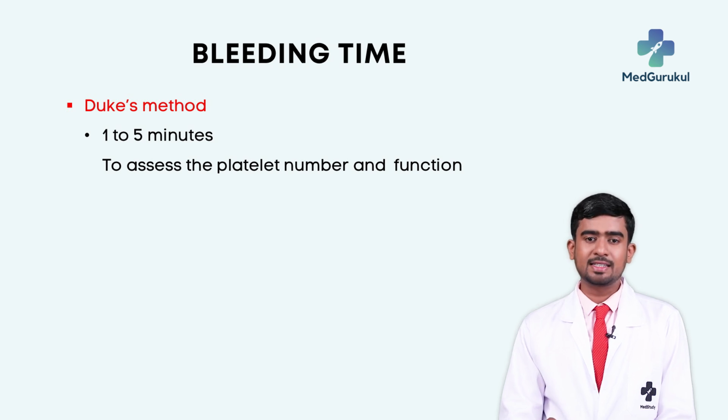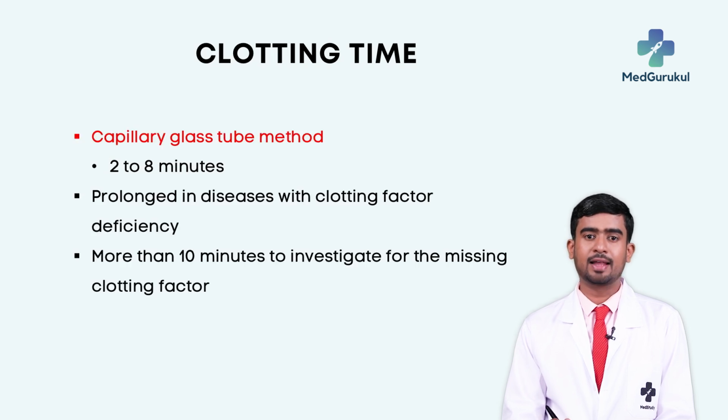This is to assess the platelet structure, platelet function, platelet number, as well as the vascular function, that is, the ability of the blood vessel to constrict when an injury is occurring. So, bleeding time assesses the temporary hemostasis mechanisms.